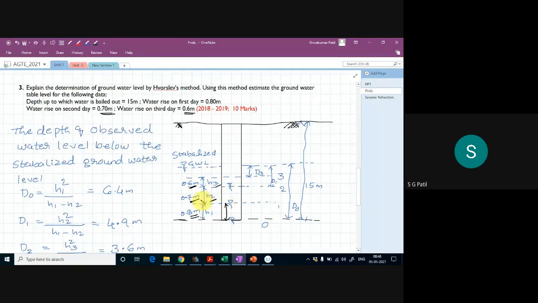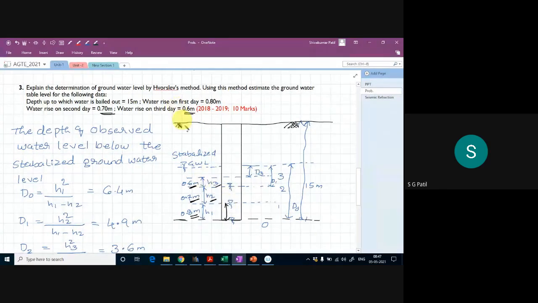Otherwise, if they're not given directly, they would have given you, from the ground level, the depth of the water table on the first day, on the second day, and on the third day. That is one way of giving the observations, or they would have given you directly the increase in the height.